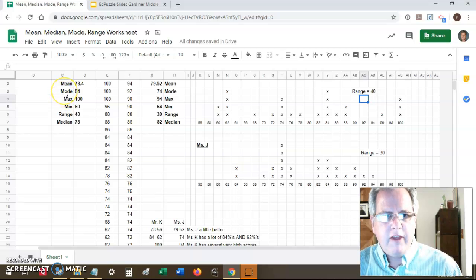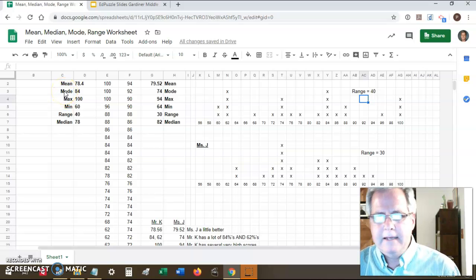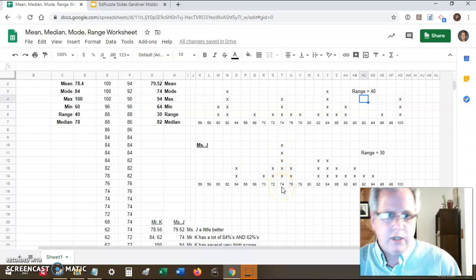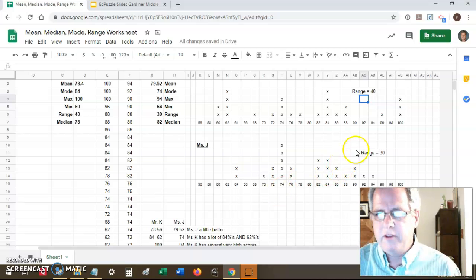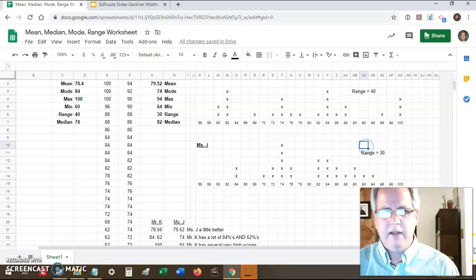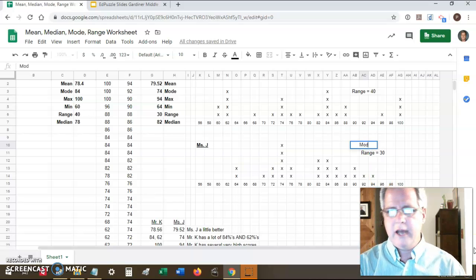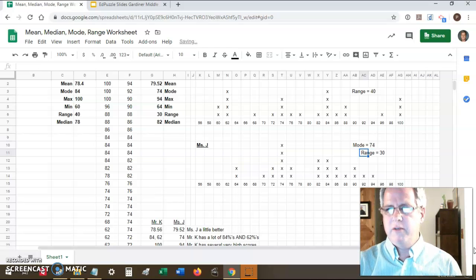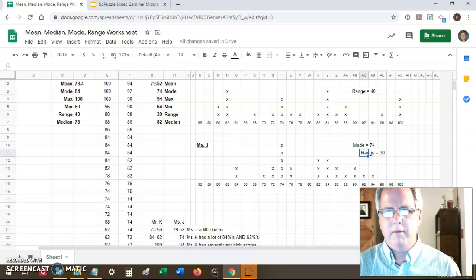The other thing that we can see on here is that a lot of Ms. J's students scored 74. And there's actually a word for that. Whatever number appears the most is called the mode. I'm sorry, I didn't make this up. This was in the Pi Day escape activity. But you just look at a set of numbers, and whatever number appears the most is the mode. So for Ms. J's class, the mode is 74.